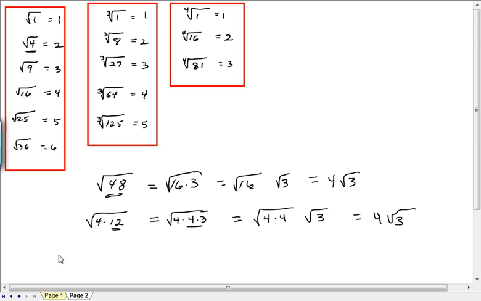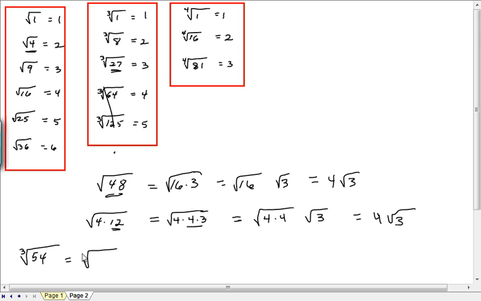Let's look at one more. How about the cubed root of 54? Now we're looking at cubed roots. Whoops. Any of these numbers go into 54 evenly. Looks like 27.